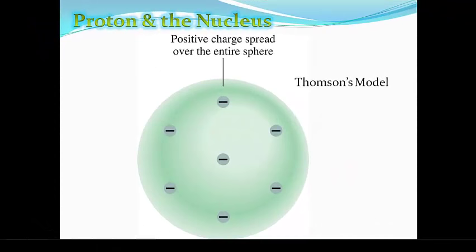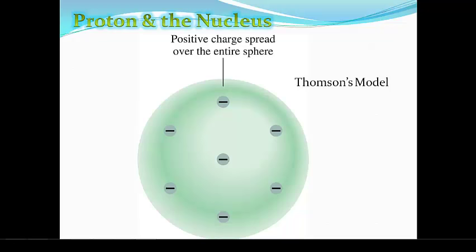So by the early 1900s, two features became apparently clear about the atom. Number one, they contained electrons, and that was because of J.J. Thomson and Millikan that we learned about. And number two, they were electrically neutral. All right, but for the atom to be electrically neutral, the atom must contain an equal number of positive and negative charges, right?